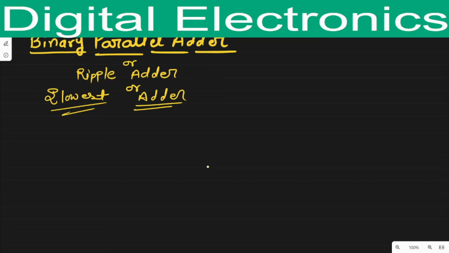We know that if data is of 1 bit, we can add these 3 bits by using one full adder. But in practice it is not essential that the data is always 1 bit.